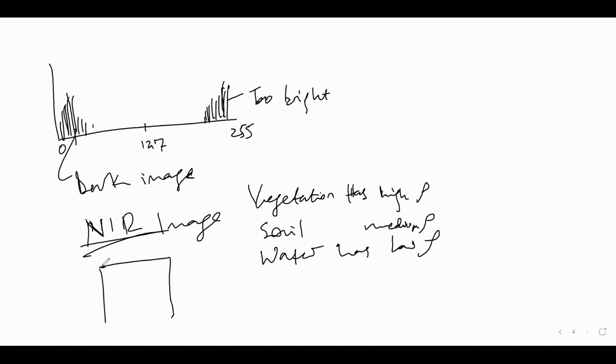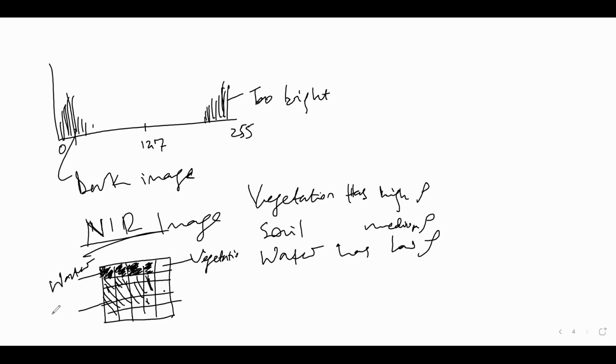So if we are looking at an image, the places which are dark would be the water areas, white would be the vegetative areas, and not too dark would be soil.